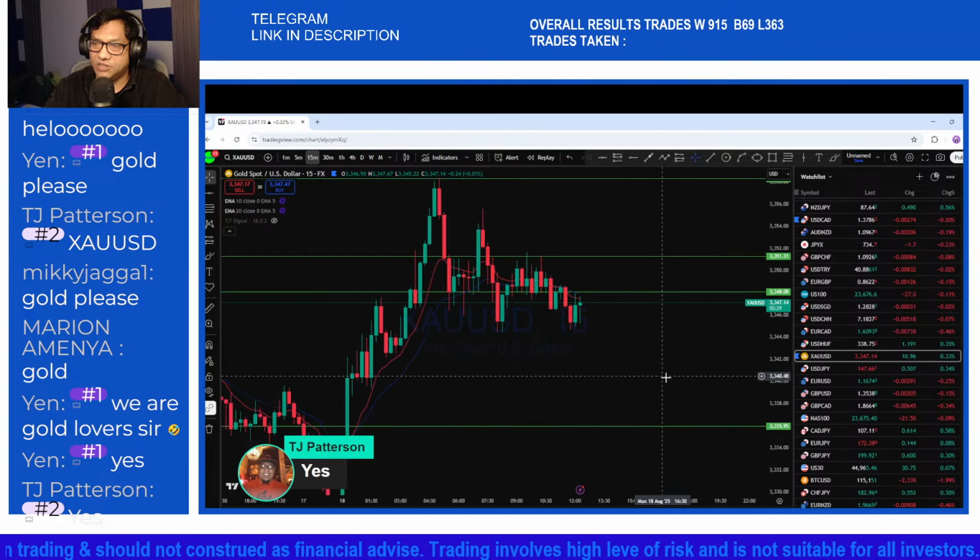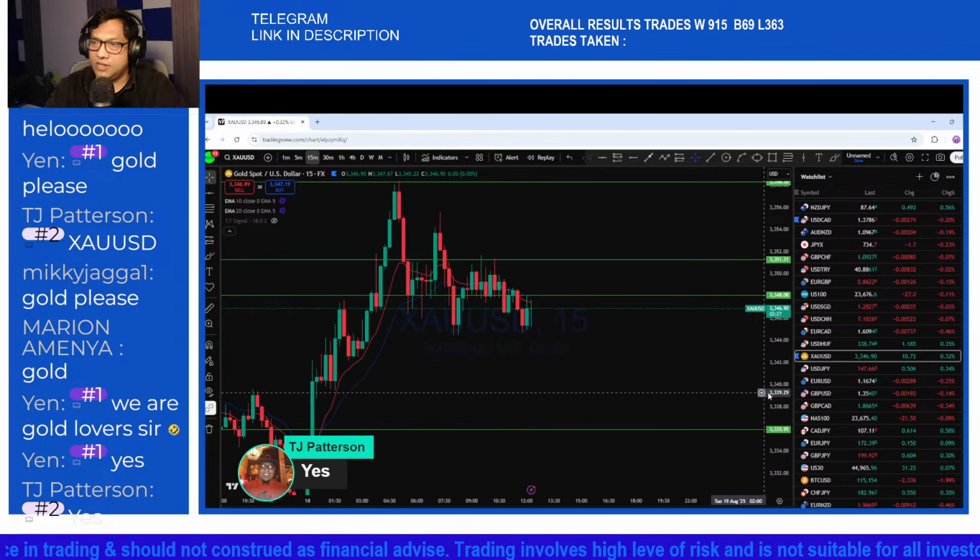Going to the 15 minutes here, this is the zone that I'm looking at now as a potential entry, because this is the 15 minutes where the 10 and 20 MA crossed over from each other, and as they crossed over, I'm expecting after a retest the market to return back again in the direction of the trend.